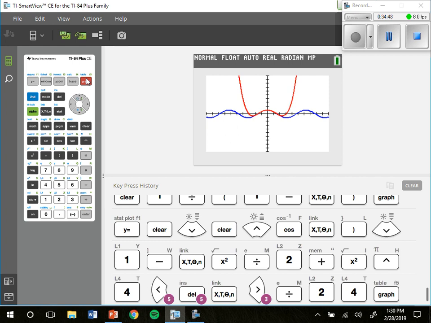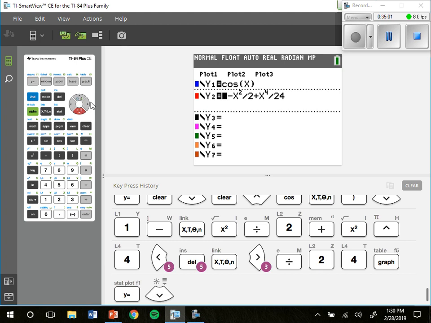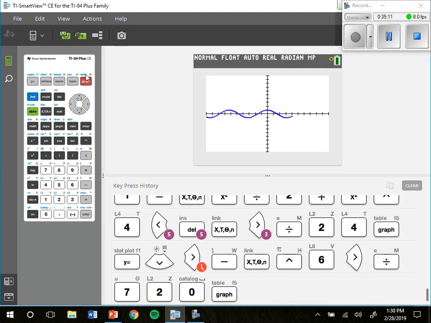I like that. Isn't that cool? Does it hug it from negative infinity to infinity? No. I had to go out a lot of terms for it to hug a lot of the interval. But if I go back and add minus x to the 6th over 720, do you see how it hugs better for farther?